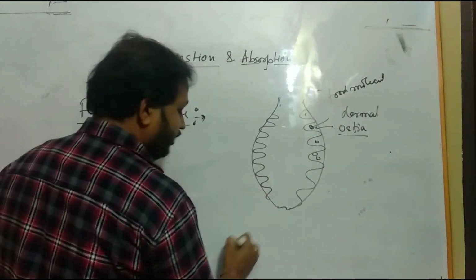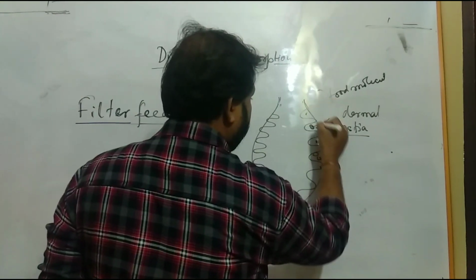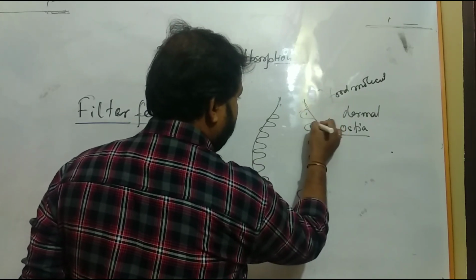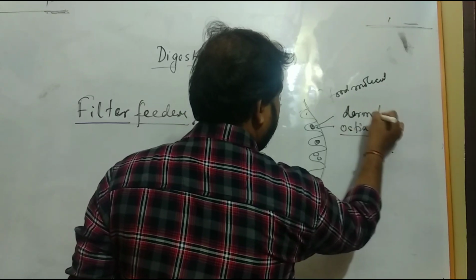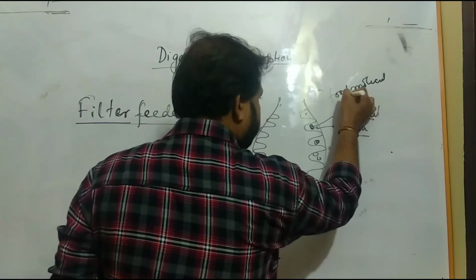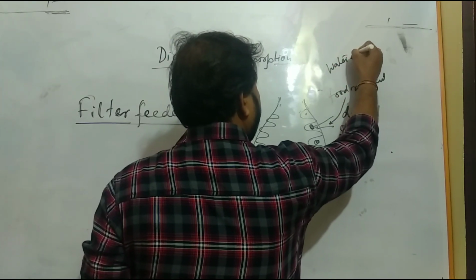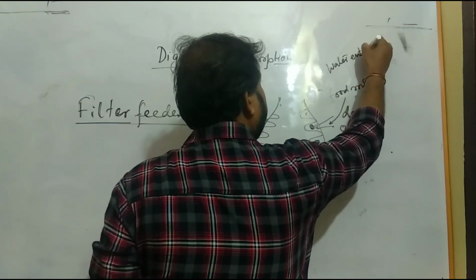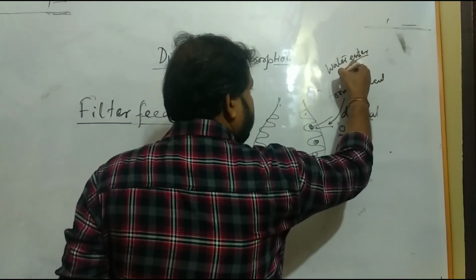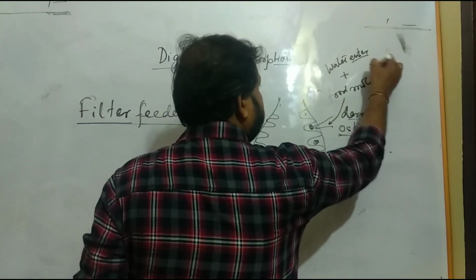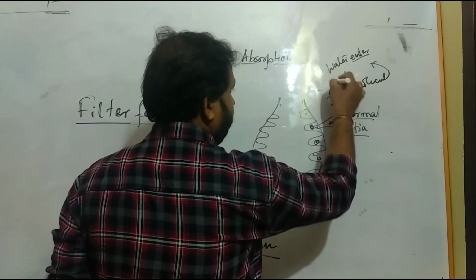Suppose this is the structure of a sponge, an invertebrate. Its body has some pores. These pores are called dermal ostia. Through these pores, water enters. In this water, food molecules are dissolved.